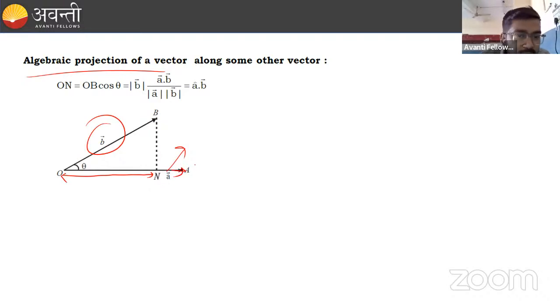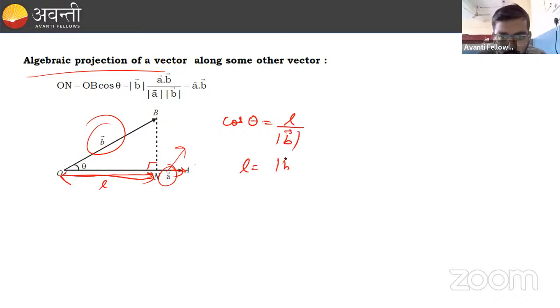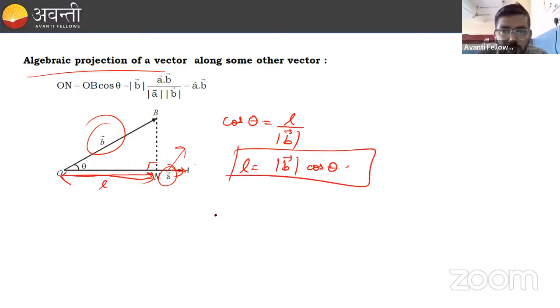So the way I can find it is, first, if I find this length, what is this length in the triangle? We can see this is 90 degrees. Let this length be L. Cos theta is L upon mod of b bar, right? So we get L is equal to mod of b bar into cos theta, right?